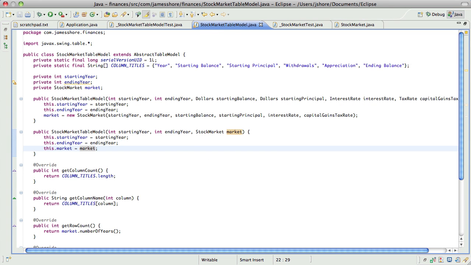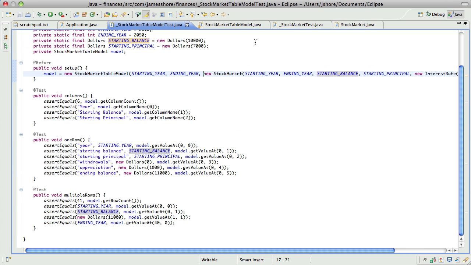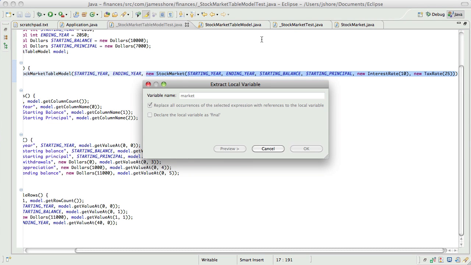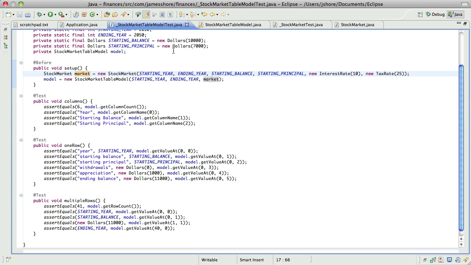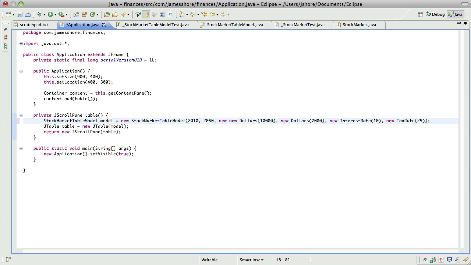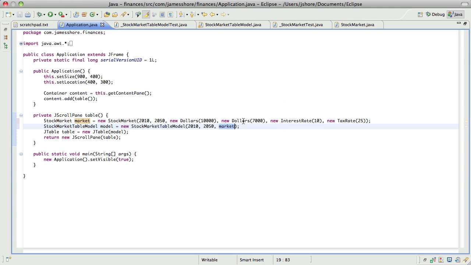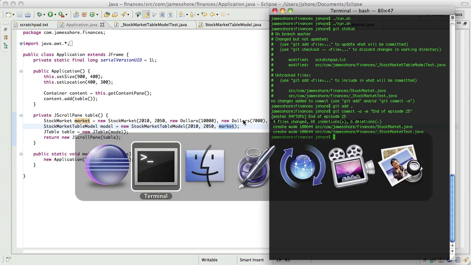Okay, so this should work. Make sure our stub still works.